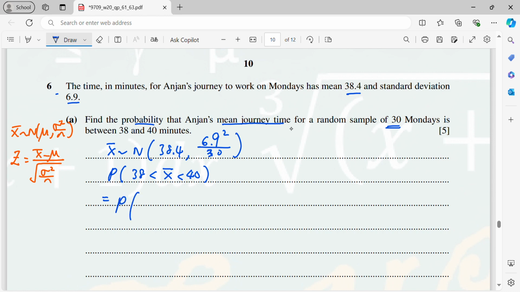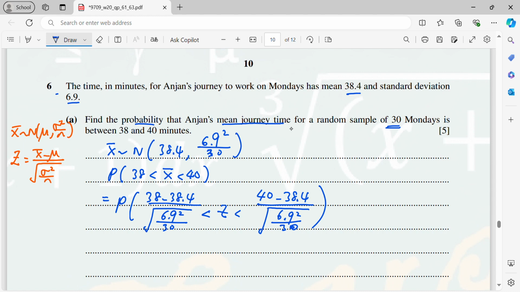So this is P of 38 minus 38.4 over the square root of 6.9 squared over 30, the standardized normal random variable, up to the maximum value 40 minus 38.4 over the square root of 6.9 squared over 30. From here you will get the probability of Z between negative 0.318 and 1.270.